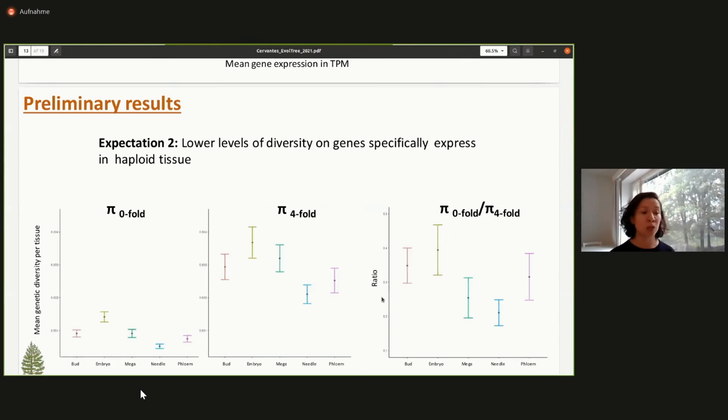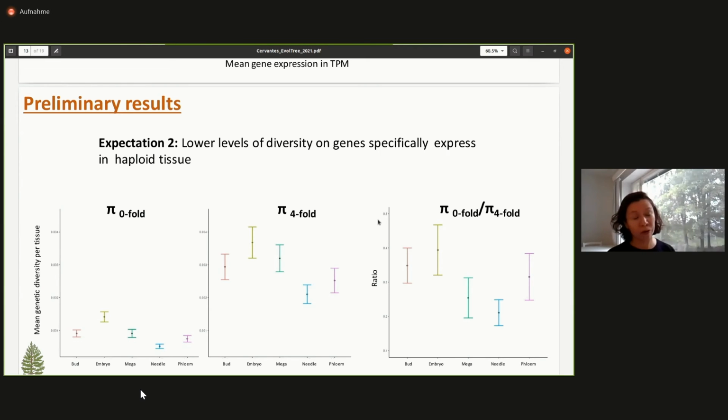Our expectation number 2: we were expecting to see lower levels of genetic diversity in the genes that are haploid tissue specific. We have here 0-fold sites or non-synonymous, and we have 4-fold sites or synonymous, which is also known as neutral diversity. And as you can see in the graph, megagametophyte is not the tissue that has the lowest levels of diversity.